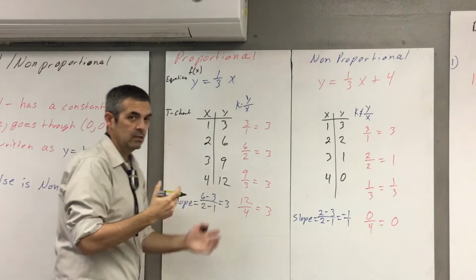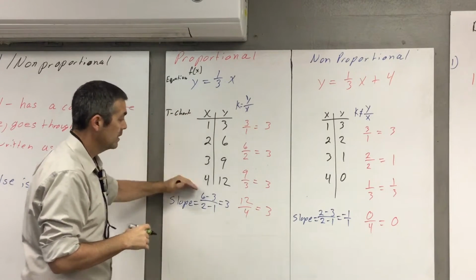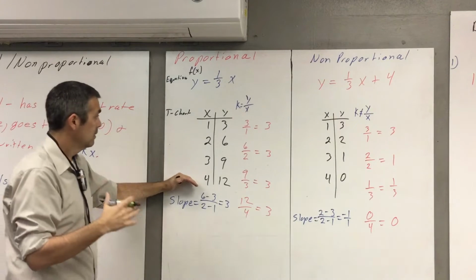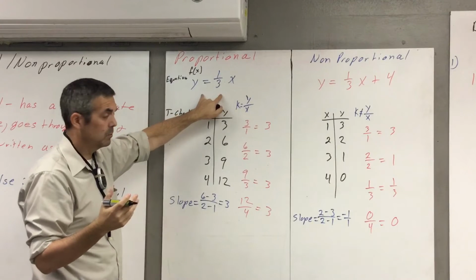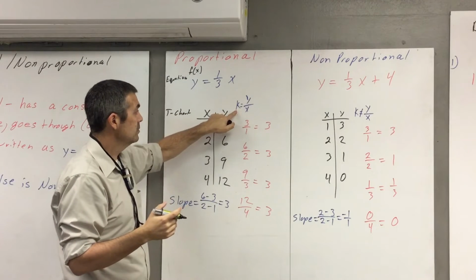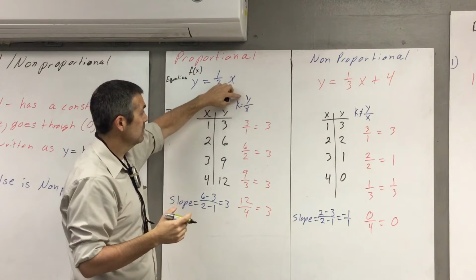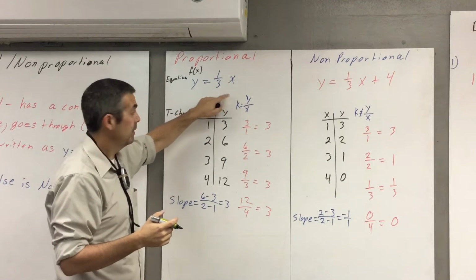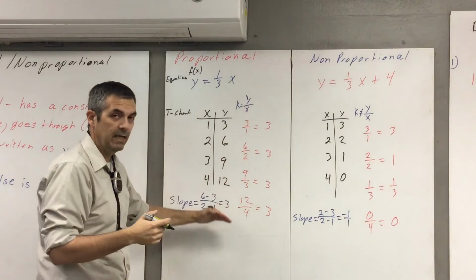Now, the next thing is your t-charts. So here, I have some ordered pairs on there. Because if it's a direct variation or if it's proportional, you can do k equals y over x. That means you're going to be able to find your k by putting y over x, and it's going to be the same all the way down.